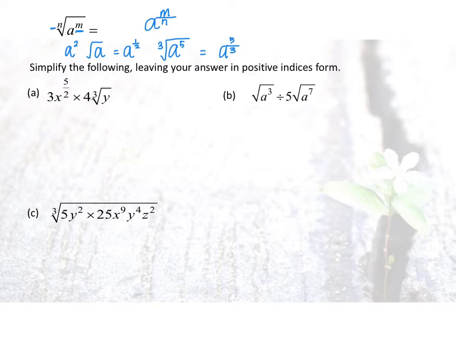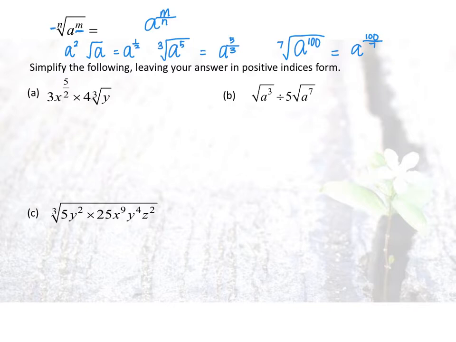For example, the 7th root of a to the power of 100 will be written as a to the power of 100 divided by 7. Now let's try to apply this to our question.